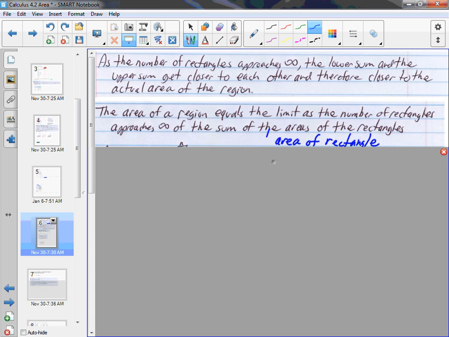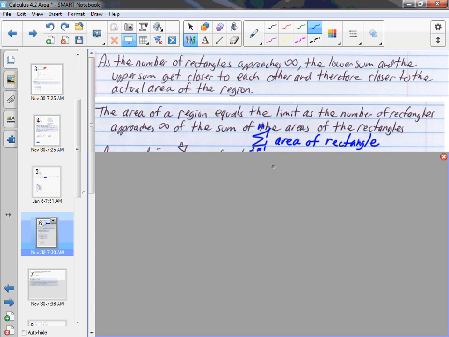If we find the sum from i equals 1 to however many rectangles we put in, we'll call it n, that's our approximation of the area of the region. I don't care if the rectangles are inscribed, which gives me a lower sum, it's still an approximation. I don't care if the rectangles are circumscribed, which gives me an upper sum, it's still an approximation. I don't care if some of them are inscribed and some of them are circumscribed. I still get an approximation, don't I?